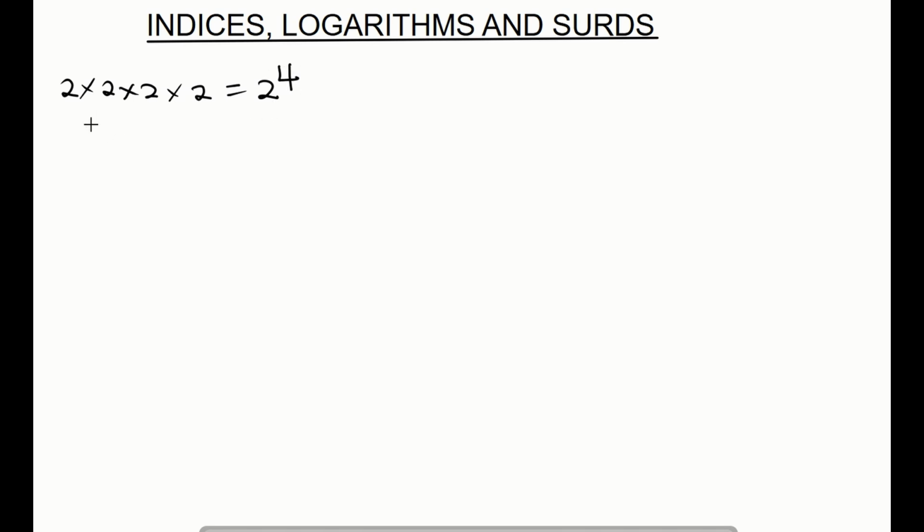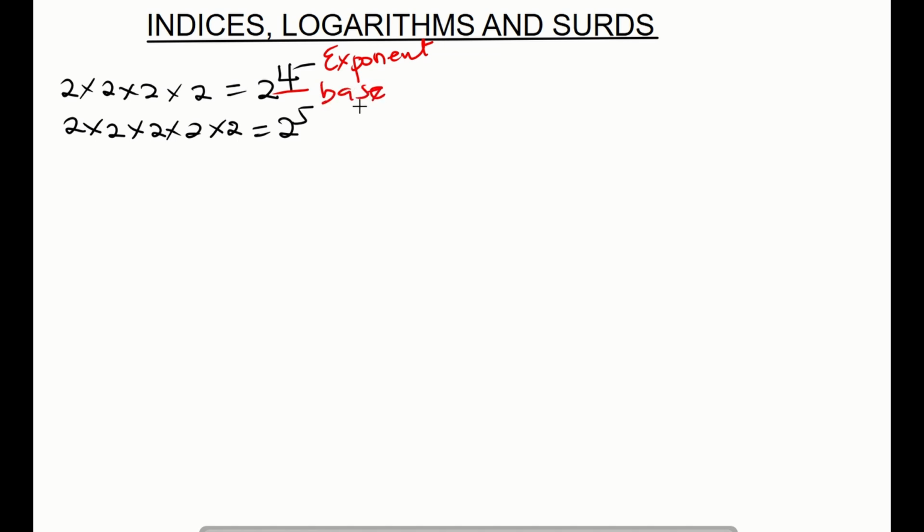In the same vein, if we consider 2 times 2 times 2 times 2 times 2, which is 1, 2, 3, 4, 5, this is 2 to the power 5. So what we have here, the 4 is actually what? The exponent. So the 4 is the exponent, and then the 2 here is the base.